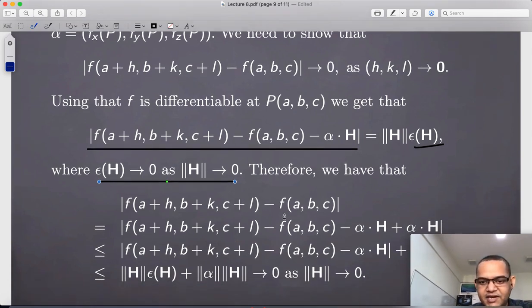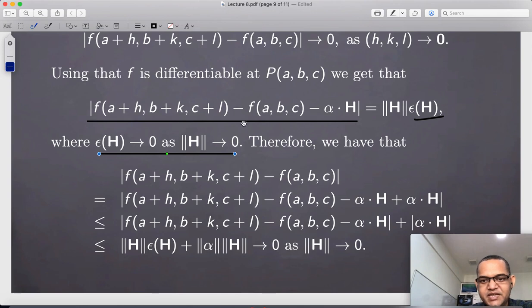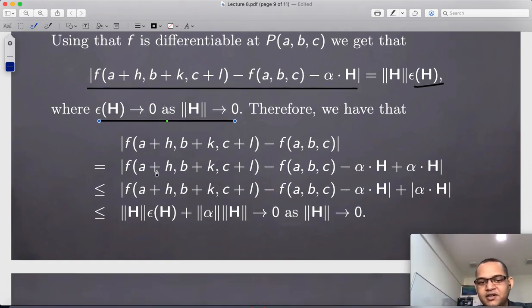Once I understand this, I just have to plug in the things, because I need to compute this. So I write it down, and the information is in terms of this extra quantity here. In order to get this quantity, I subtract it and then add it, correct? Now I have some information about these three quantities, so I separate them and apply the triangle inequality. Now just substitute the first one over here, and the second term, modulus of alpha dot h, is the dot product of two vectors.